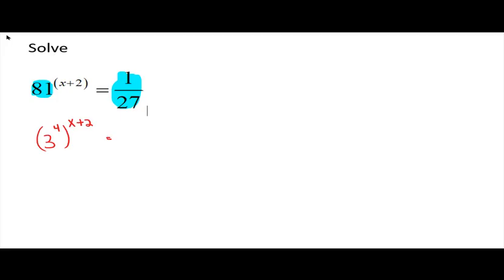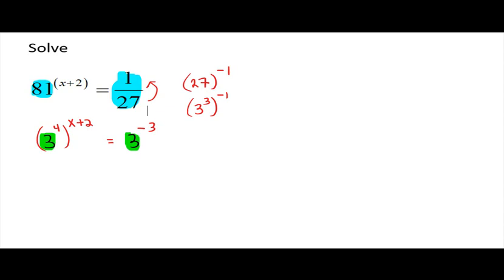Now for this 27, first I'll move it to the top, so it'll become 27 to the negative 1 power. Now 27 I know is 3 to the third, and I have the negative 1 out here. So basically this is going to equal 3 to the negative 3 power. Now that the bases are the same, remember, after you get the same bases, you can make the exponents equal to each other.